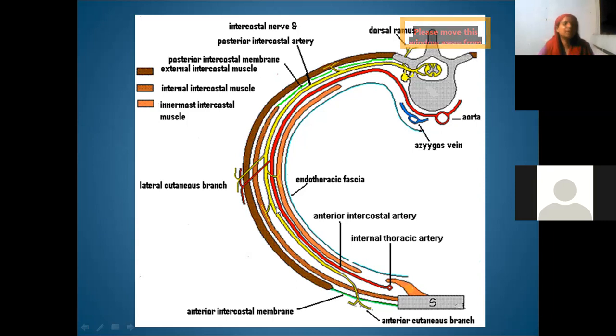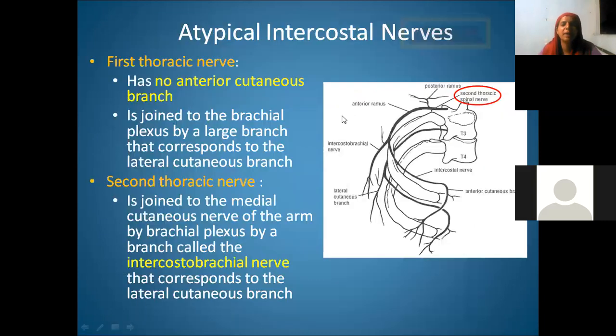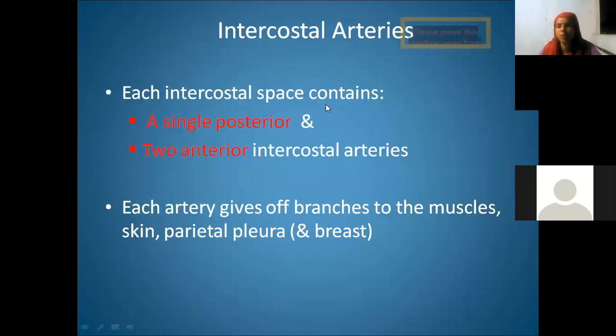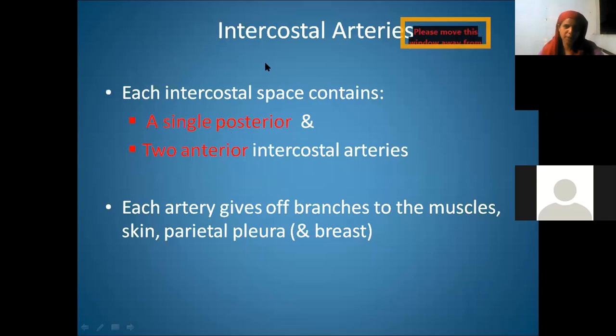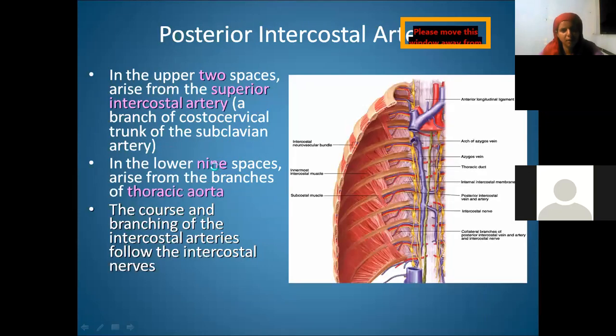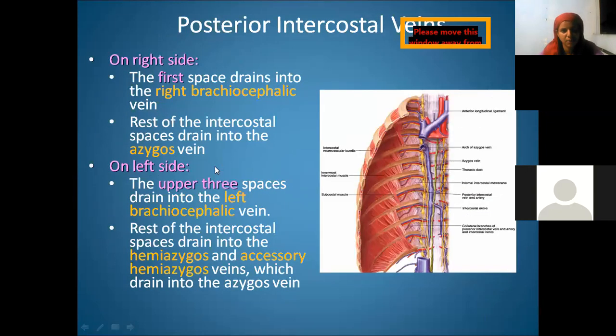You remember, like there is one artery which runs like this. We have studied that in the thoracic cage, supplying mammary gland, internal thoracic artery. I told you in each space it gives two arteries. Okay. So intercostal arteries, in each space we have one posterior and two anterior. We need a little good picture to understand this better.